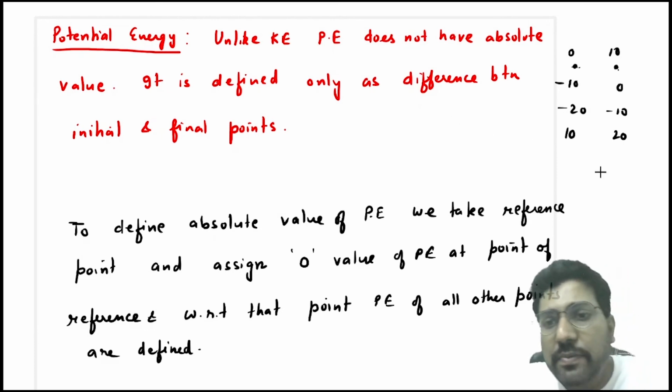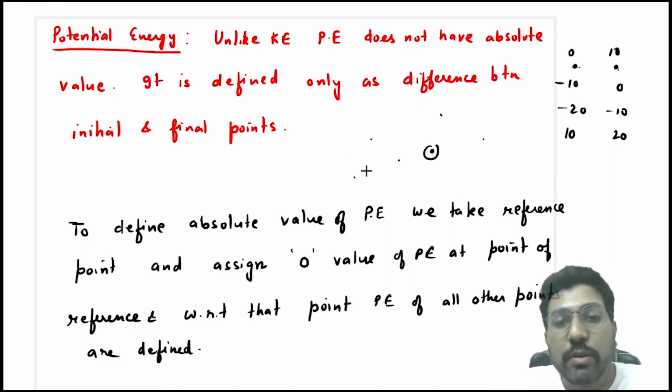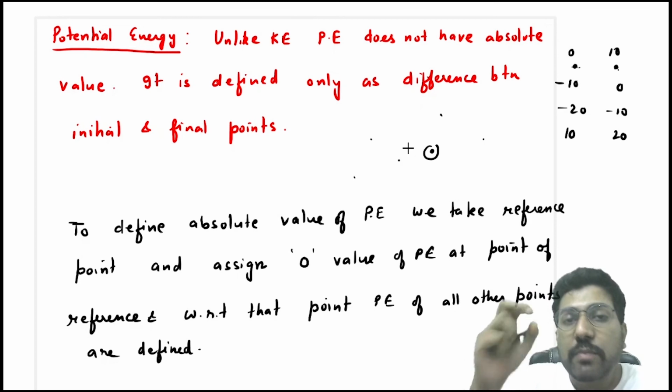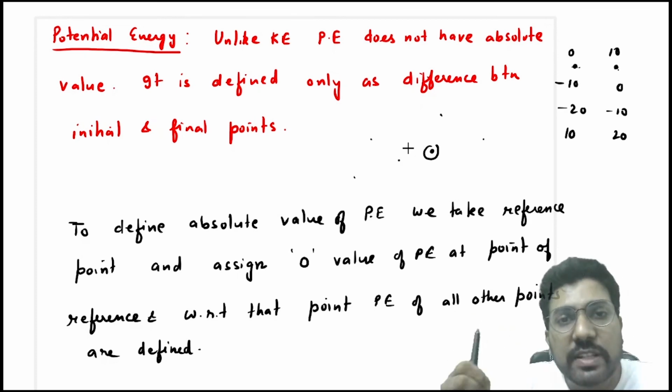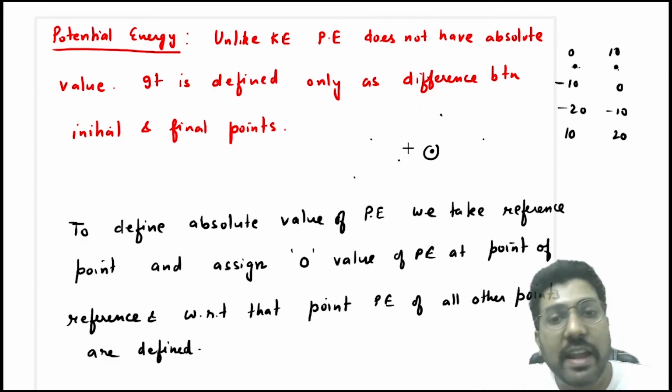Now, if one point has a fixed potential energy, because the difference has to be fixed, all other points become fixed as well. That is why, if you define potential energy to be zero at the reference point, then all the points will now have an absolute value.